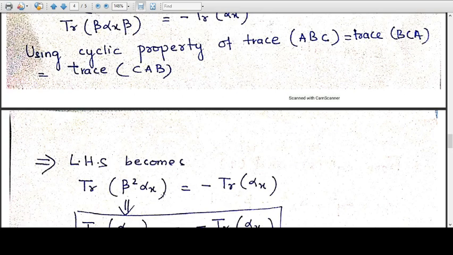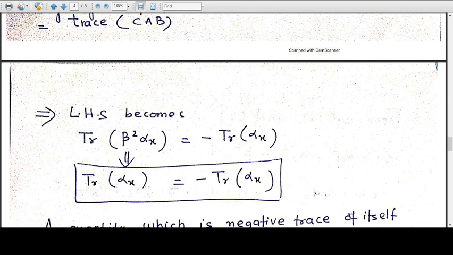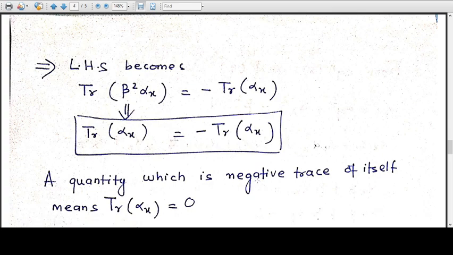Trace will be beta square alpha x, which is equal to minus trace of alpha x. Now, what is beta square? Beta square is I. So trace of alpha x is equal to minus trace of alpha x, which is not possible for a quantity that is the negative of itself. What does it mean? It means trace is 0.